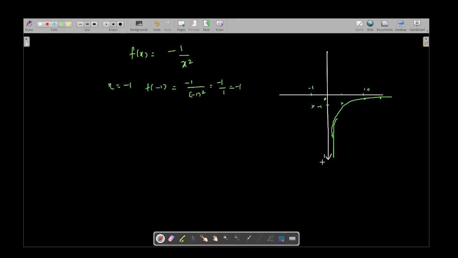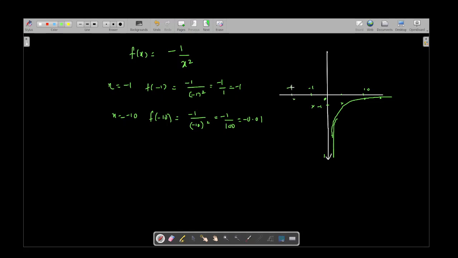At 0, it starts from minus infinity. If you put x equal to minus 10, f of minus 10 is equal to minus 1 by minus 10 square, which is minus 1 over 100, which is minus 0.01. So it is very close to 0.